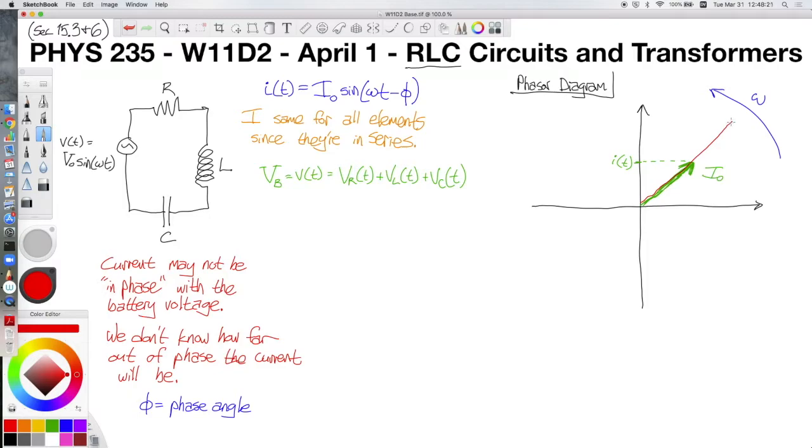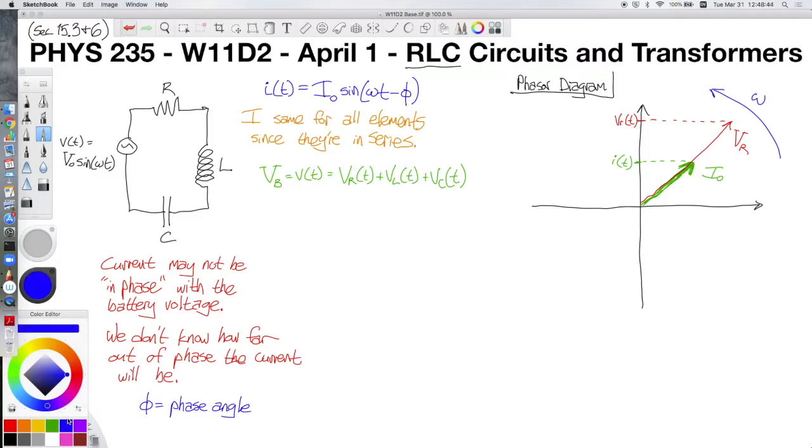So our vector for the resistor voltage, VR, is going to be pointing the same direction as our current vector. And just like before, with everything on a phasor diagram, the y component gives you the value of the voltage at that specific moment in time.